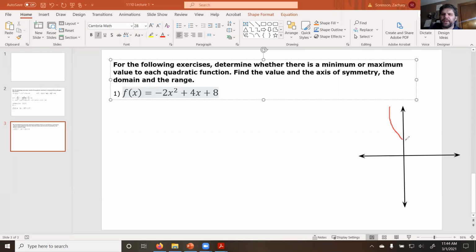I can have a graph facing upwards, or I can have a graph facing downwards. The red graph happens when a is greater than 0, and the purple graph happens when a is less than 0.